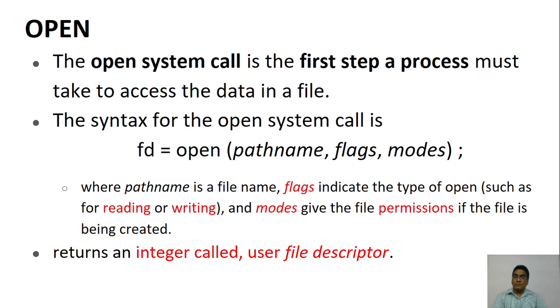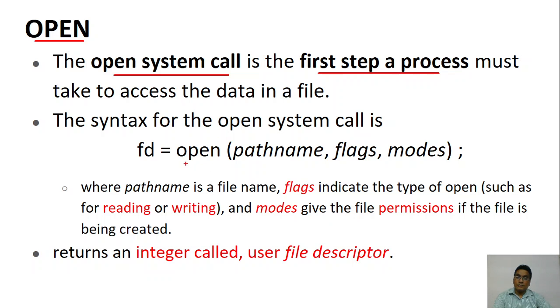Now let's look at one of the system calls, the open system call. This open system call is generally the first system call used before processing a file. So this is the first step in processing a file.